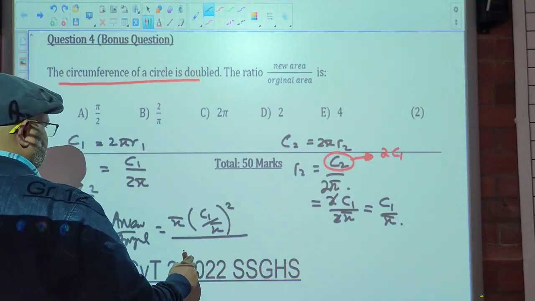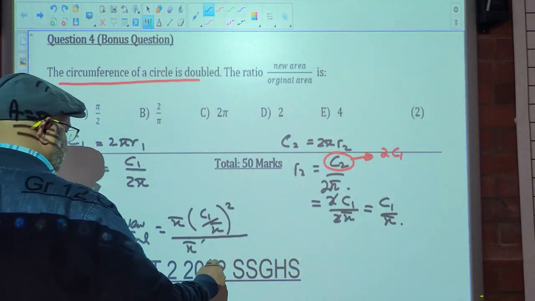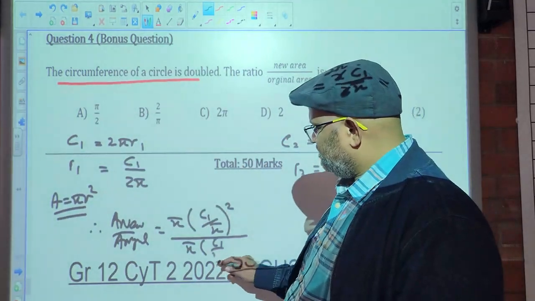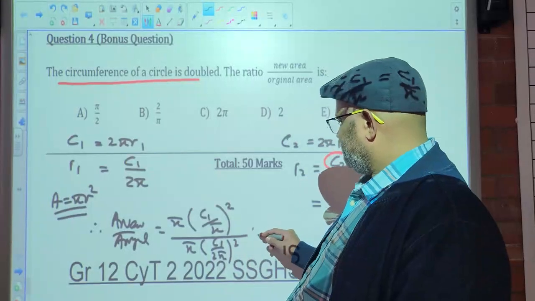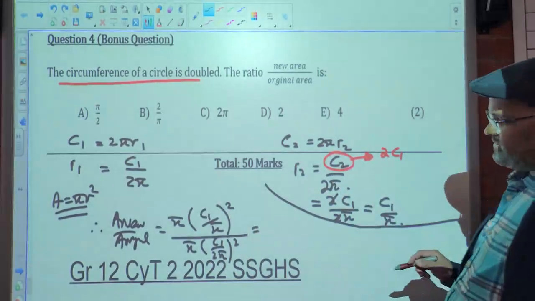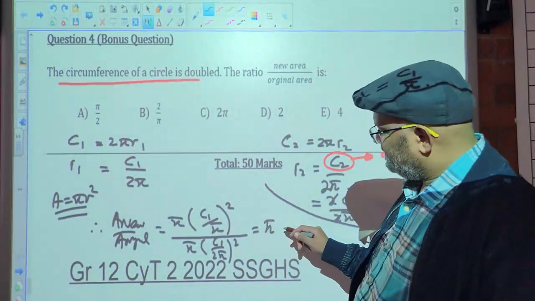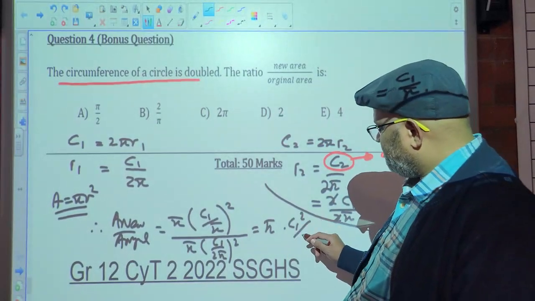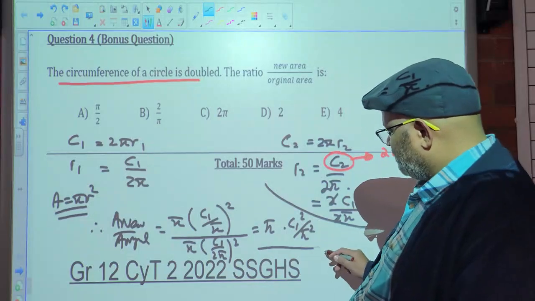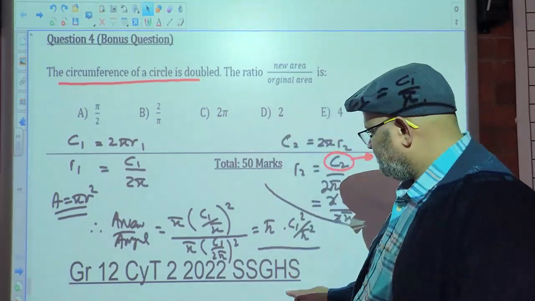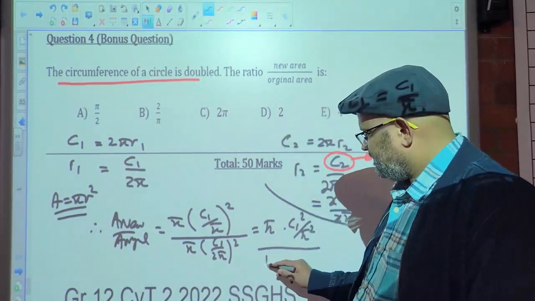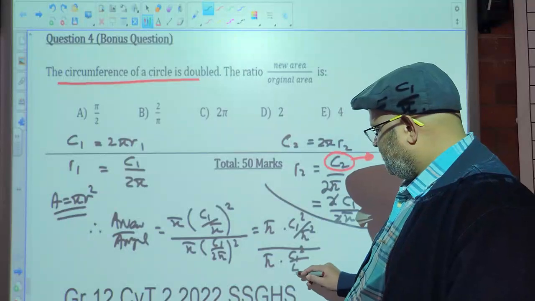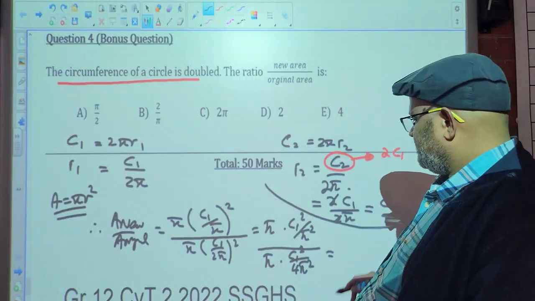The area of the original is going to be again pi times the radius, which is C1 over 2 pi, squared. So that is simply pi times C1 squared over pi squared, all over pi times C1 squared over 4 pi squared.